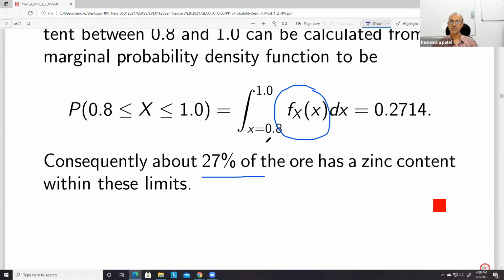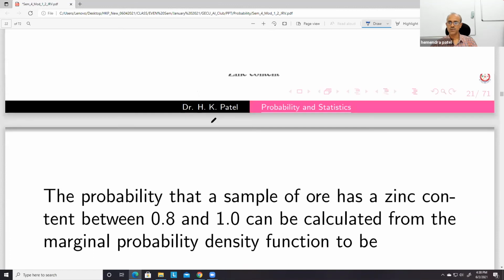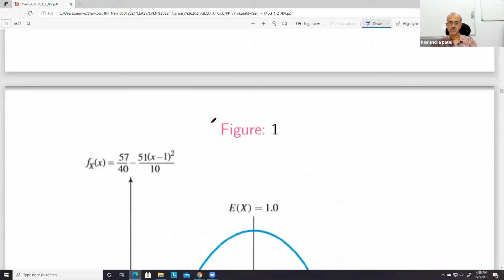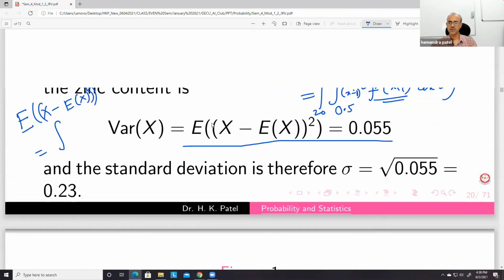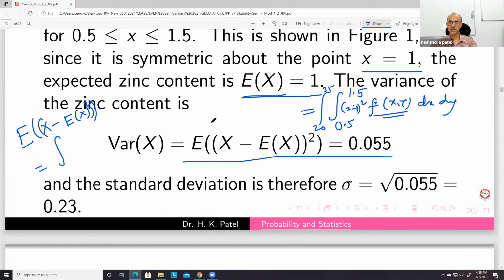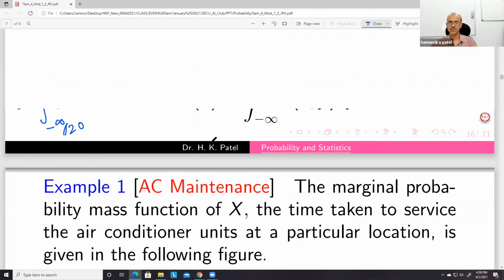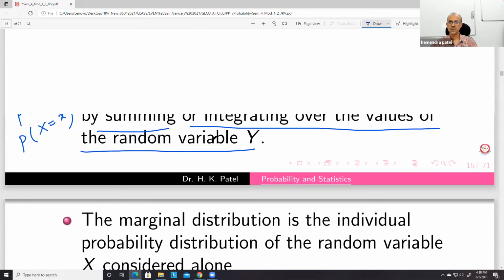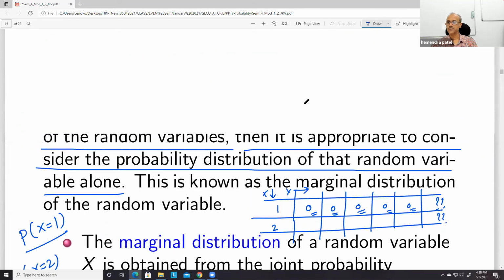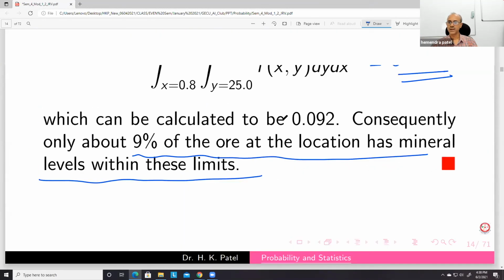X is equal to 0.8, 1.0. Actually, we have got a different value, but conditions were different there actually. If someone is thinking about that, we have got different values before, this 9%. So zinc content, okay.